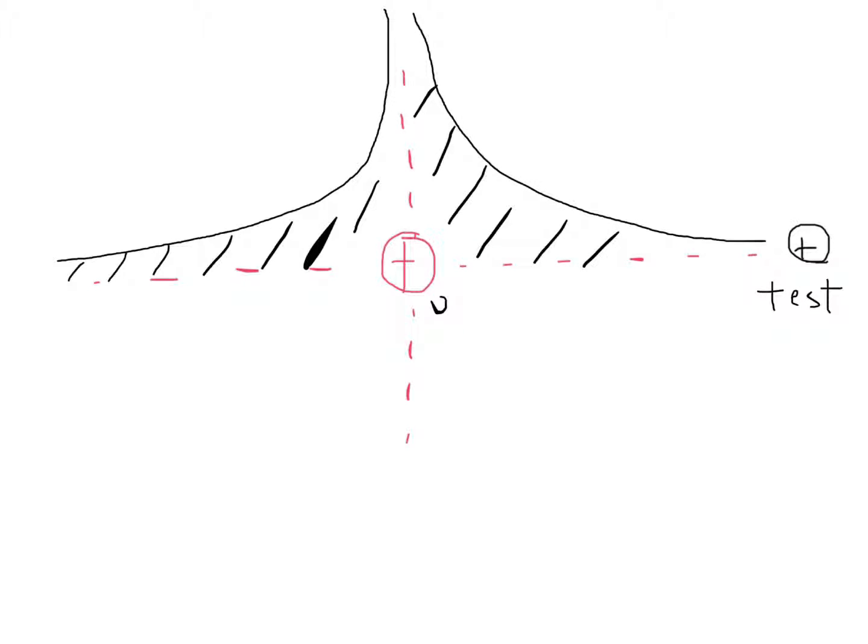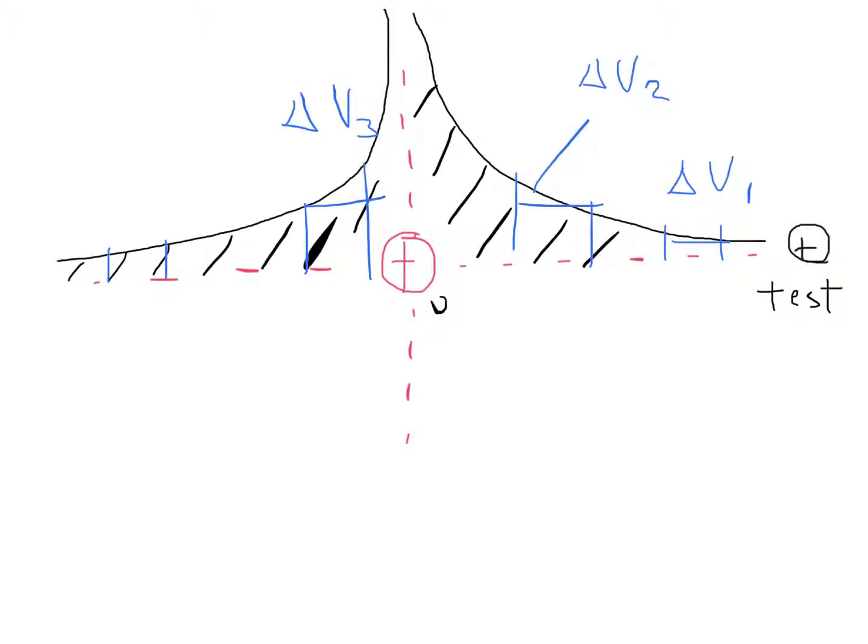So you can see that initially the potential change delta V is small, it's just this small amount, and then it becomes larger. And on the other side, initially the potential change delta V is large, and then it becomes small again.